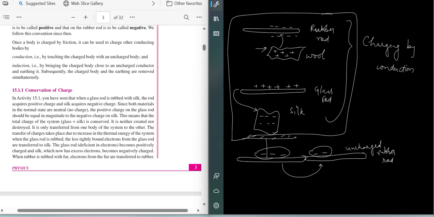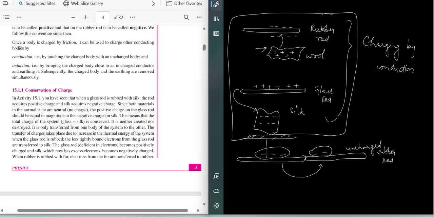Initially, the rubber rod was uncharged, wool was uncharged. When we rubbed them together, because of friction, the charges developed. But if we consider rubber rod and wool as a system, the overall charge initially and the overall charge finally are the same. Initially, the rubber rod had negative and positive charges, and it was neutral.